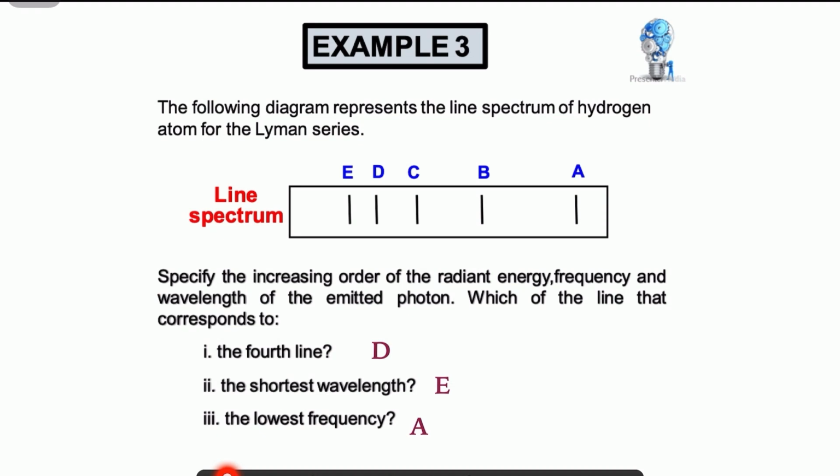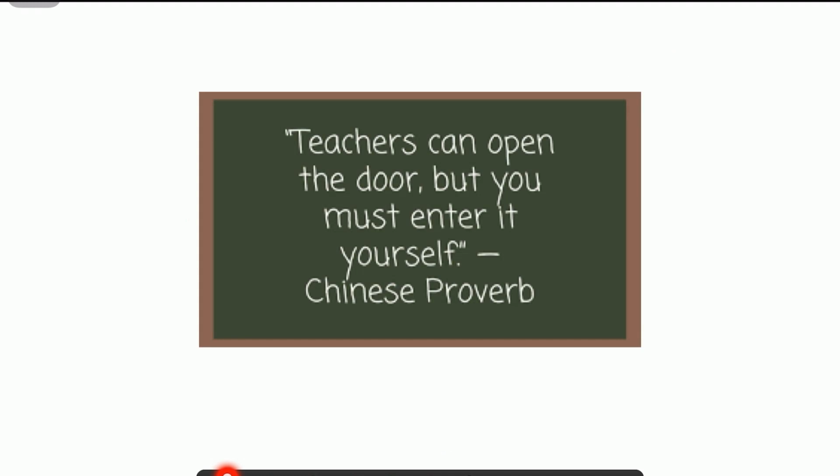It is directly proportional: delta E is directly proportional to the frequency. So the answer is A. Okay, that's all. Next, we see part 2.